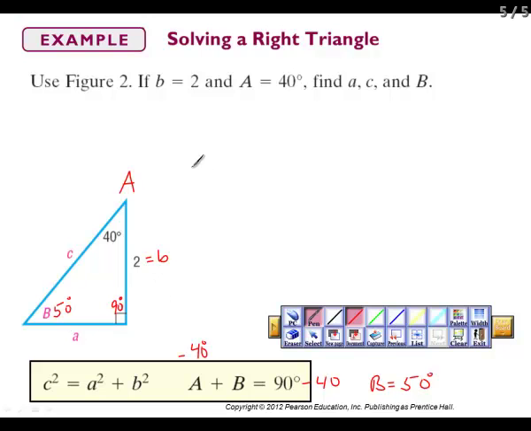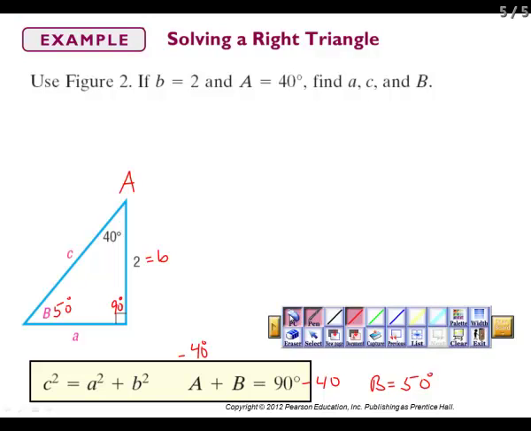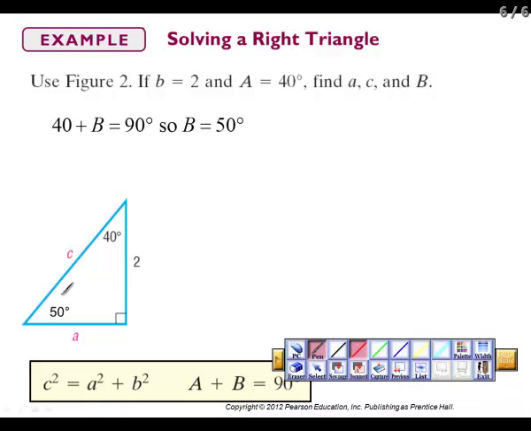So with that, we can say, alright, we have here angle A and angle B, and we have 50 degrees there. So we have one side, 2.